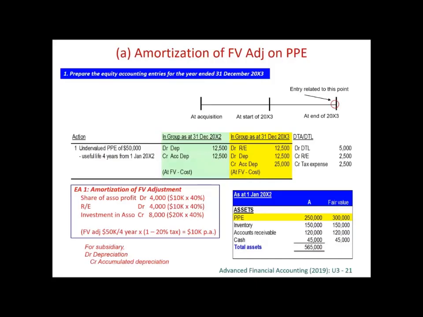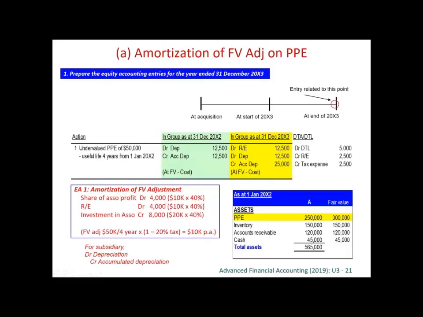But this is not a subsidiary. We don't debit depreciation. Instead, we debit share of profit. The amount is the 50,000 amortized over 4 years after tax, and you share only your 40%. Therefore, every year, only 4,000 adjustment.